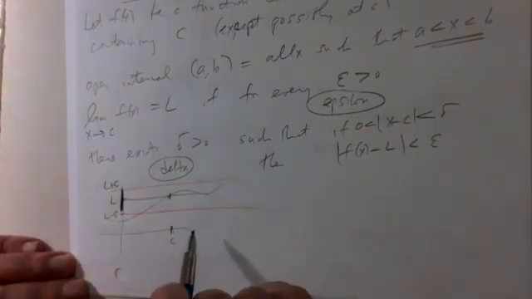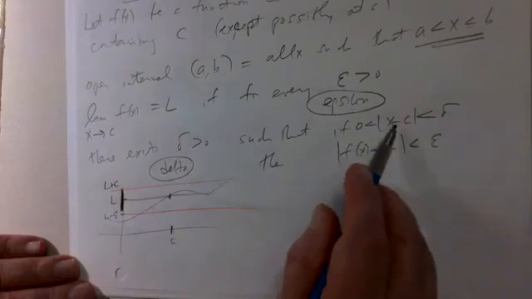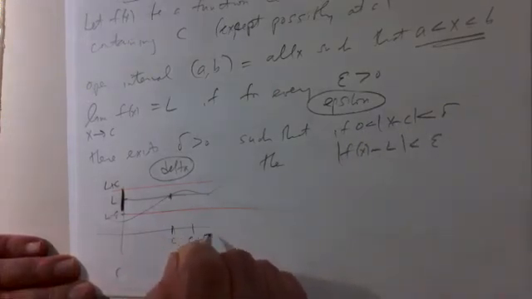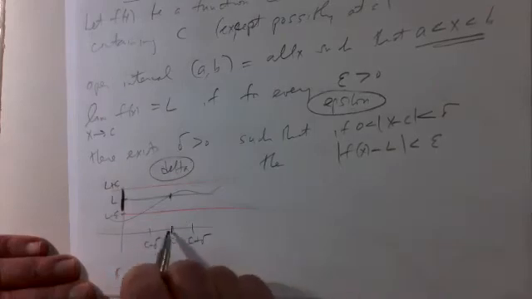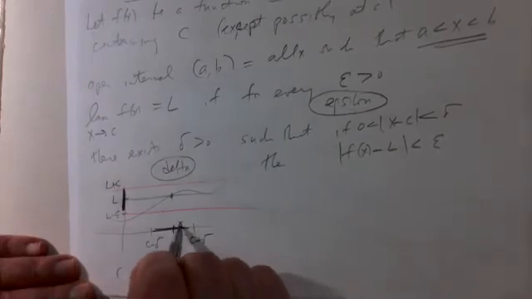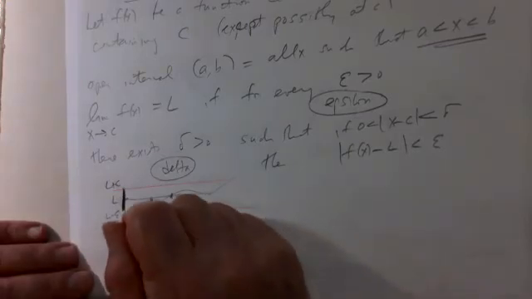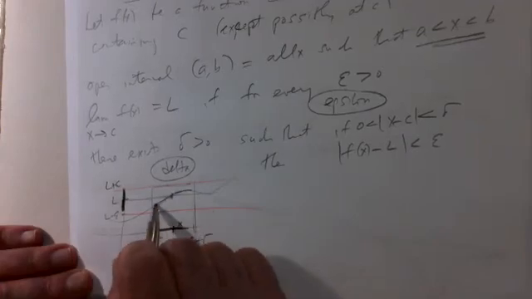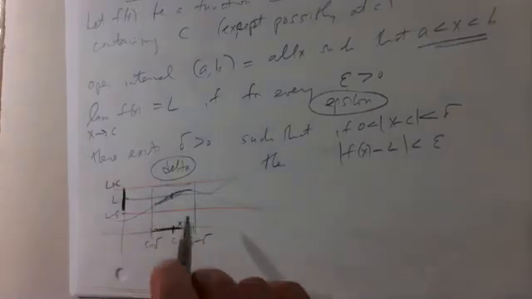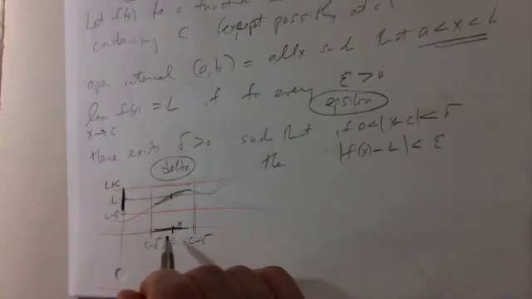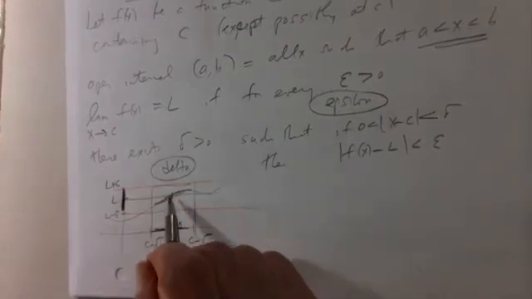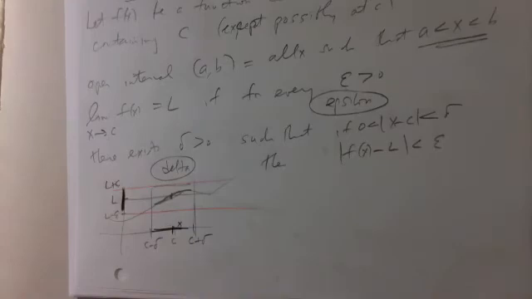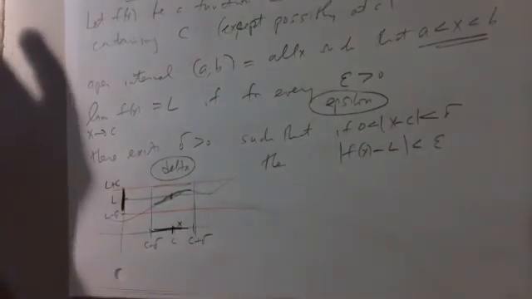To say that x is within delta of c means that if you take a number x in this interval, not necessarily at c, the graph of your function is always between these two red lines. It's always in this rectangle. So for any x within a distance delta of the number c, f of x is within a distance epsilon of L. This is the formal official definition of a limit.